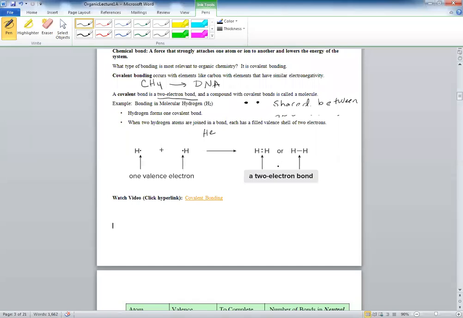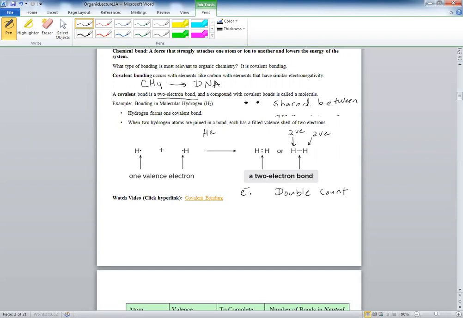So now the way to read this is that this hydrogen has two valence electrons and that hydrogen has two valence electrons. But we only have two. So how can we have two and two? Well, the key word is that they double count. The electrons double count.